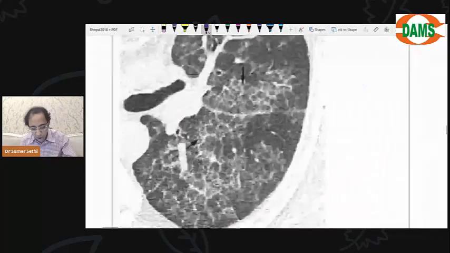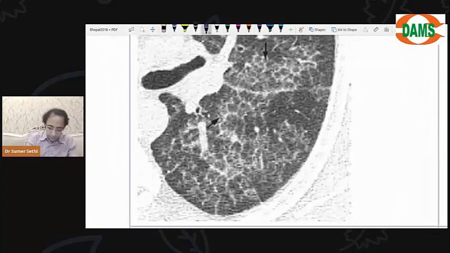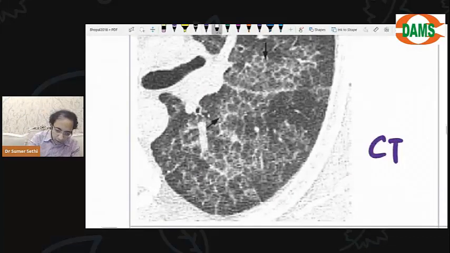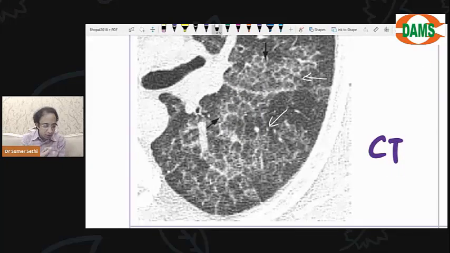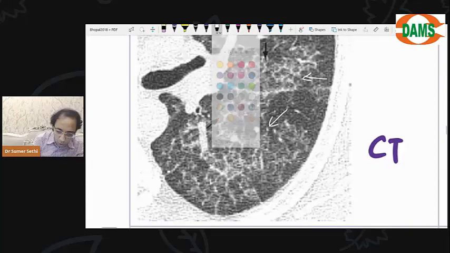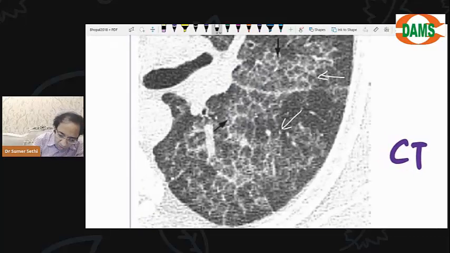Now I want you to see the CT scan with me. Do you agree that these areas in the lung, in this patient's CT, appear hazy, appear ground glass? Yes. But not only are they hazy, in between, if you appreciate, there are some thickened polygonal structures here.